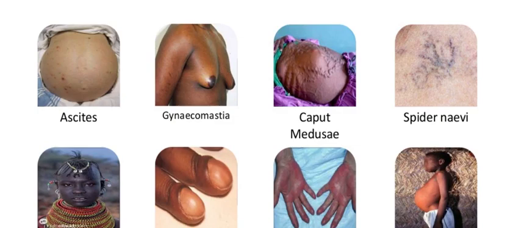The second picture here is a male with enlarged breast tissue. We see caput medusae here. There are spider nevi and jaundice.